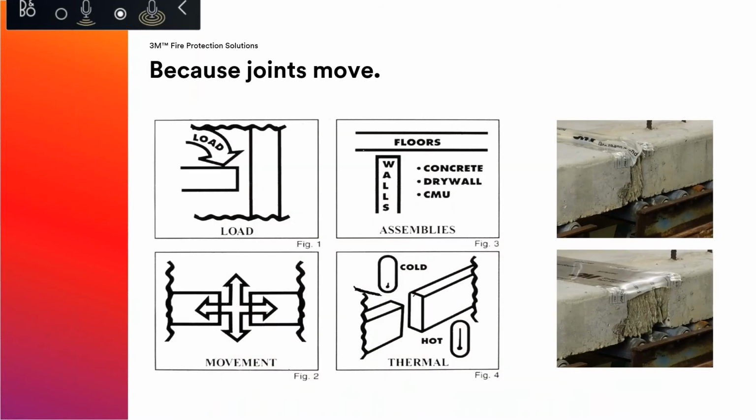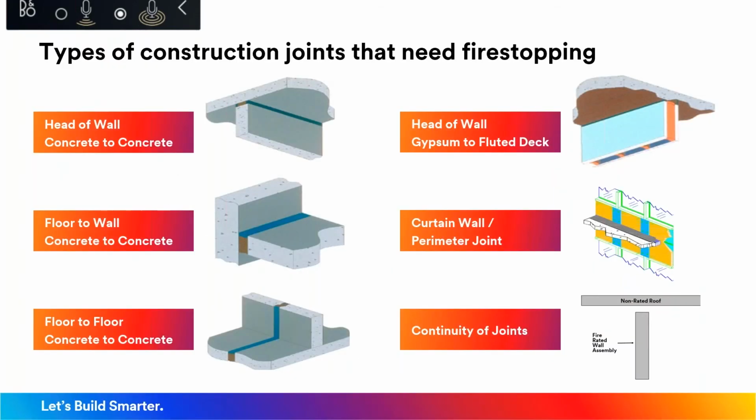Joints move, okay? Because of movement within joints, there are static joints out there, but most often these joints are going to move. So it's very important that you choose the appropriate product and obviously reference the appropriate tested system. There are many different types of joints that you'll be exposed to out on a project. Head of wall, wall to wall, floor to floor, different substrate types, right?